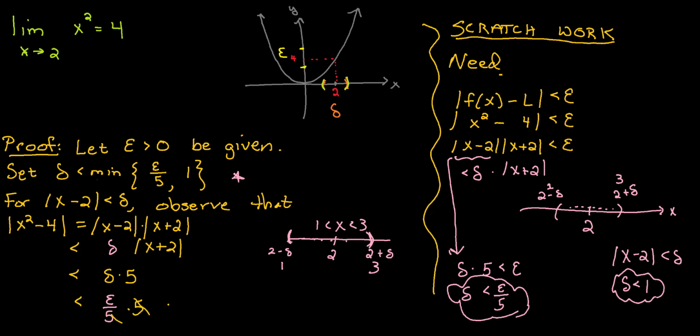This shows that the limit exists. Why? Because we said let any epsilon greater than 0 be given. Anybody hands us an epsilon, we can construct our delta as follows. For pinching our x values close to 2, how close? Within delta of 2. We pinch those input values within delta. Our output values, the |f(x) - L|, are going to be close, within epsilon of our limit, which was 4.